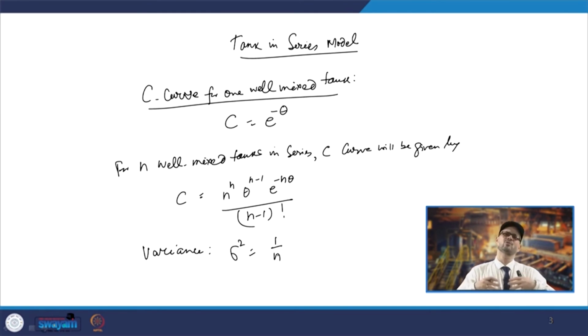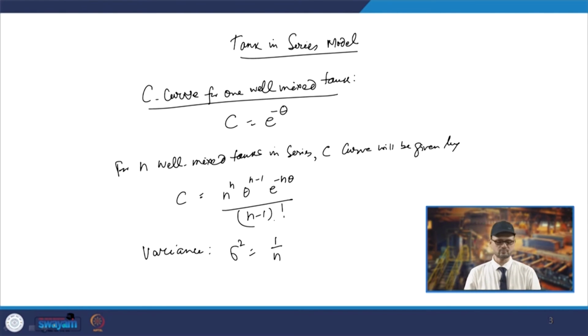Now, if you go for a large number of n, if you take n as 1, it will lead to the same value as the well mixed tank. If you take n as 2, it will have a different value. What we see is that as the value of n is increasing, it becomes more and more symmetrical in shape.